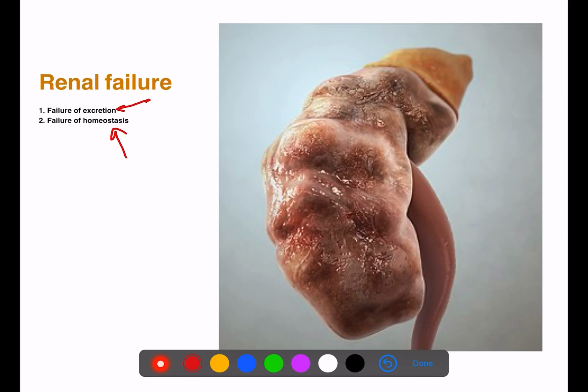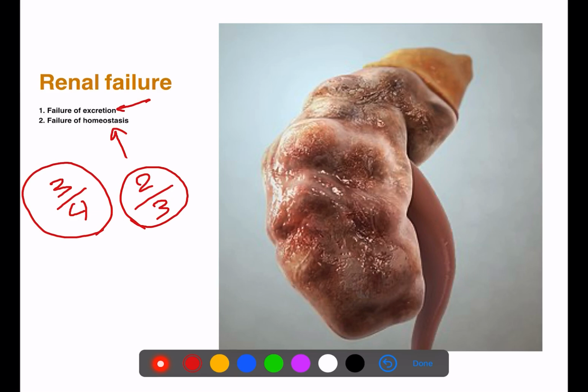When we lose three parts of four of the nephrons, or two parts of three of the nephrons within the kidney, that will lead to failure appearing.